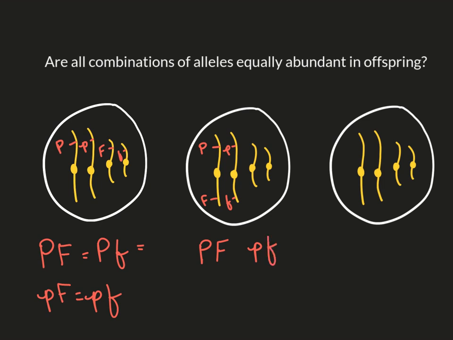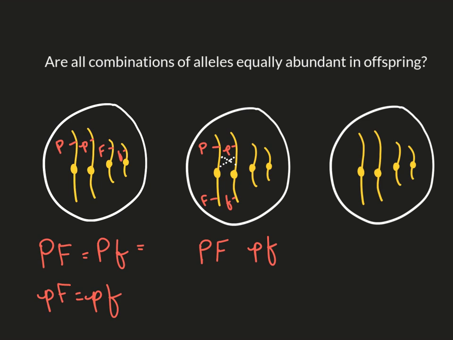Now, is it possible for me to get these other combinations of alleles? And the answer is yes, through recombination. So if there was crossing over between homologous chromosomes at any of these locations between the P and the F locus, then that is how you could get the recombinant genotype.